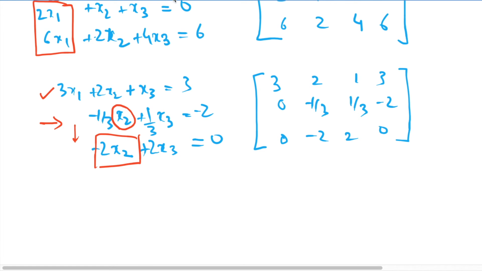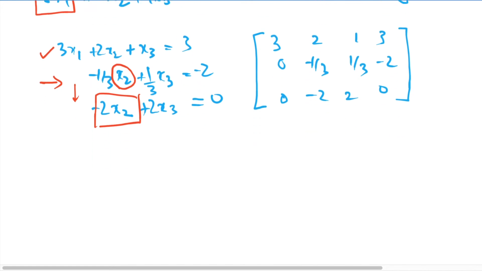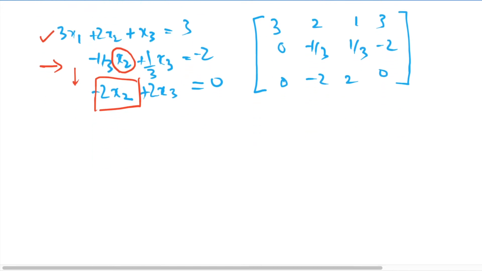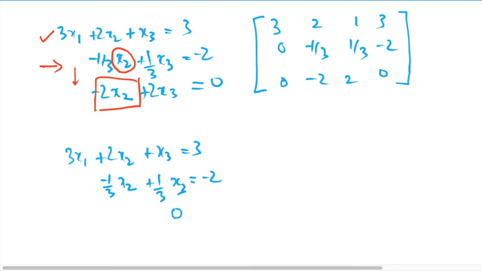So let me just quickly write down the resultant linear system. This will be 3x1 plus 2x2 plus x3 is equal to 3, and minus 1/3 x2 plus 1/3 x3 is equal to minus 2, and something surprising happens: 0 is equal to 12.